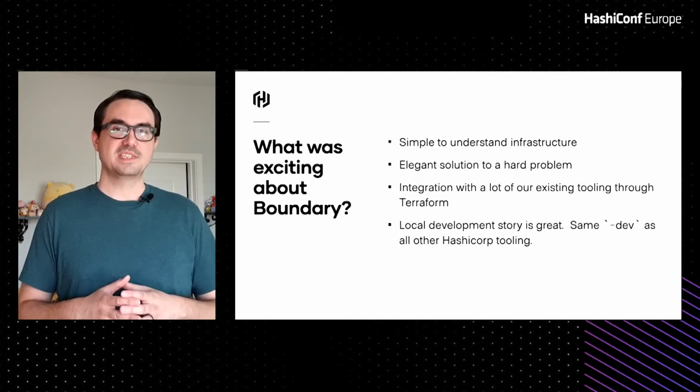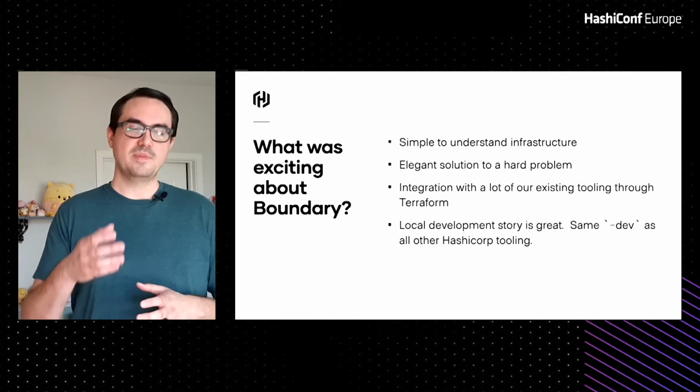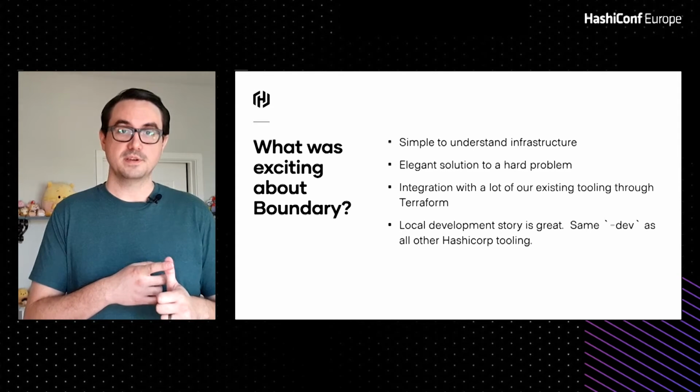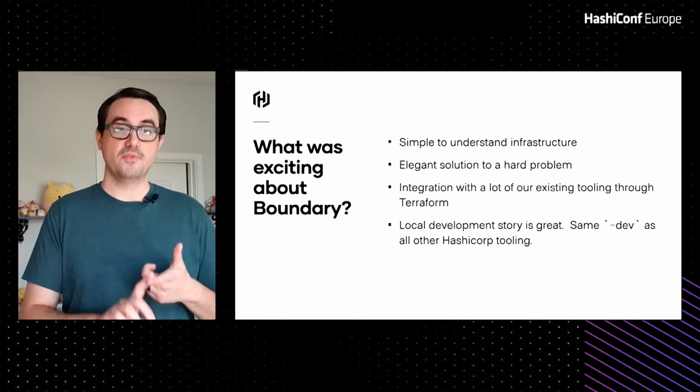Another thing that really gets me excited is the integration with all of our existing tooling today. I mentioned Terraform here, but on the roadmap is also Consul for service discovery and transient secrets for backend services through Vault. The local development story is also really good. It's the same dev flag that all the other HashiCorp tools have, such as Nomad, Consul, and Vault.